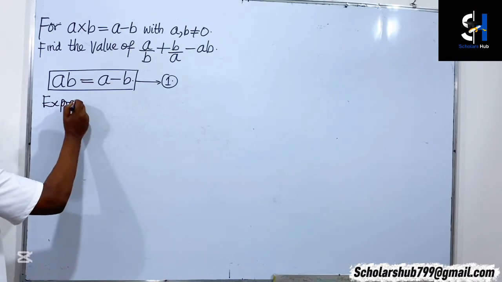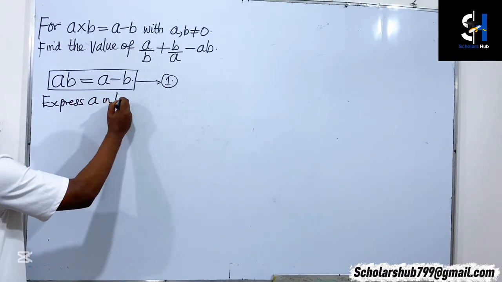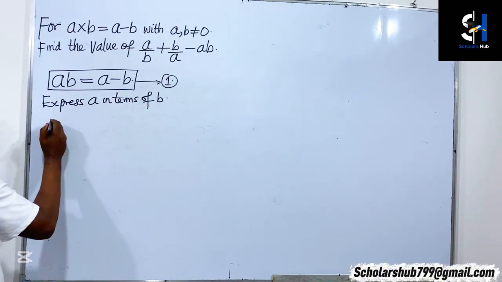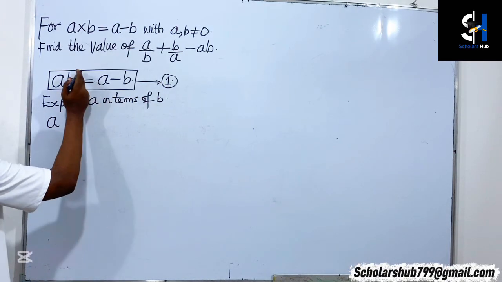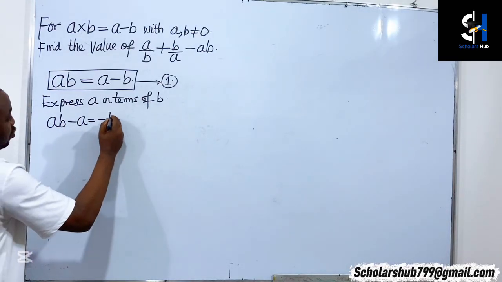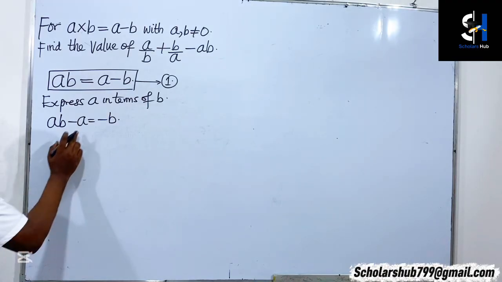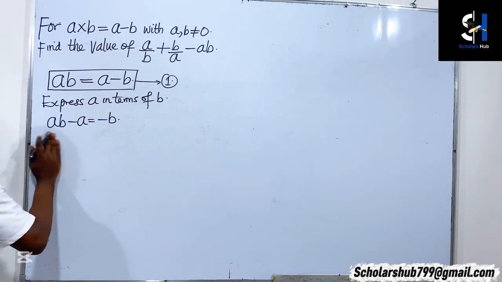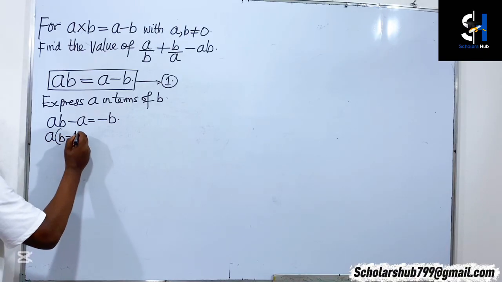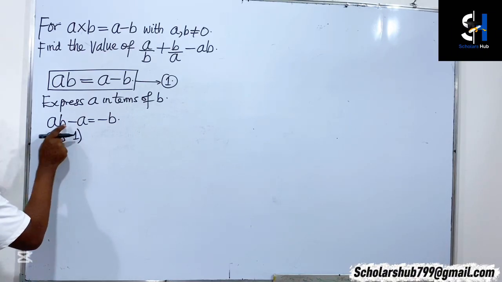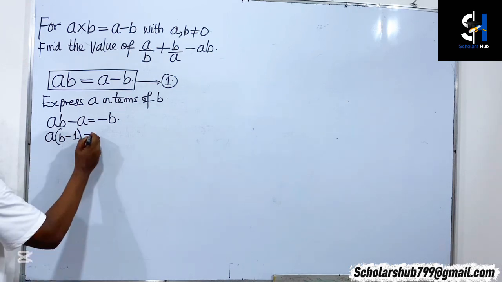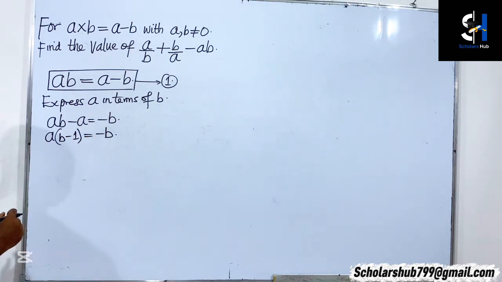Express a in terms of b. I'm going to move a to the left hand side, so this will be ab minus a equals negative b. Now this is the same as a multiplied by b minus 1, because when we factor out a, this will be a parenthesis b minus 1 equals negative b.